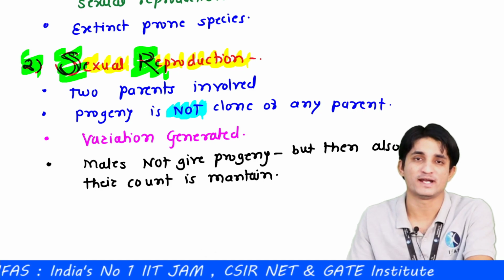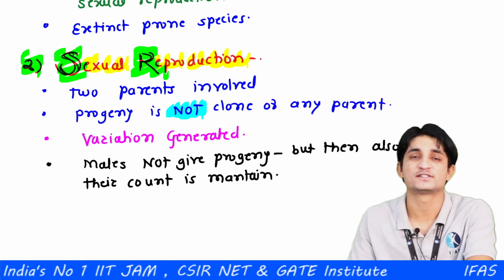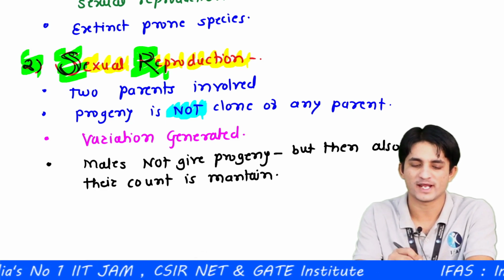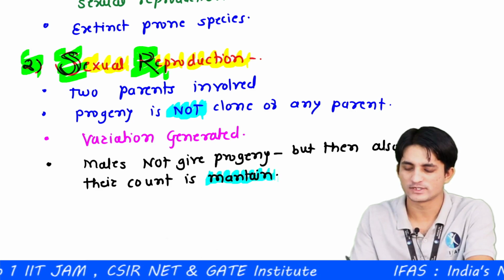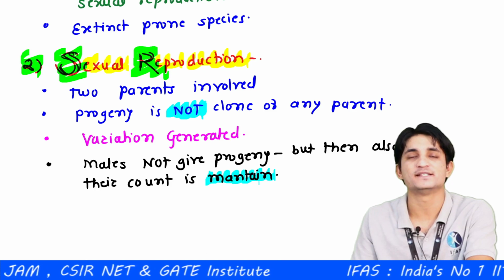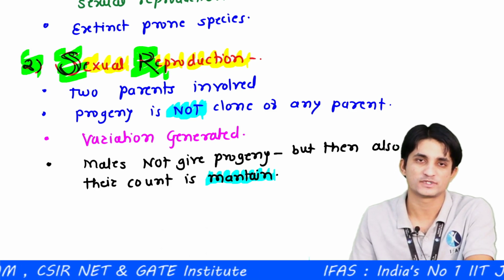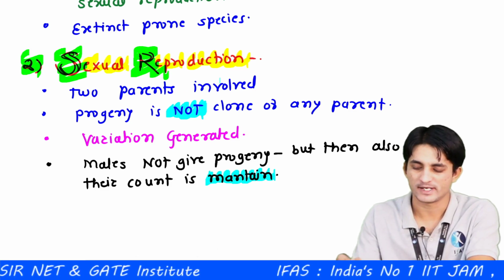Because sexual reproduction is there, meiosis occurs, and therefore from the male also gametes are involved, and therefore the male's count will be continuously maintained, even though they are not giving the progeny. So only females give progeny, but then also the male's count is maintained.